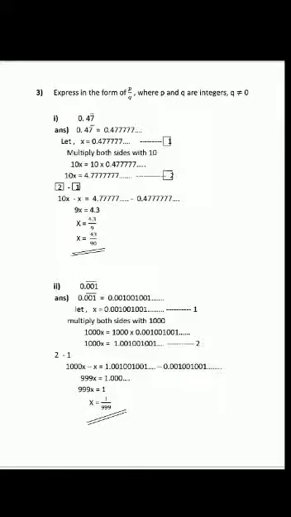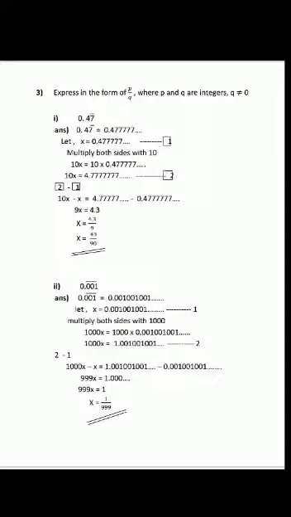That is beautiful. The second part is the same. The question is given as 0.001 bar. The bar is above the three numbers 001, so here three numbers are repeating. The number will be 0.001001001, etc. We start with the same step. Let x equal to 0.001001, etc. That is equation number 1. Here three numbers are repeating, so multiply by 1000.